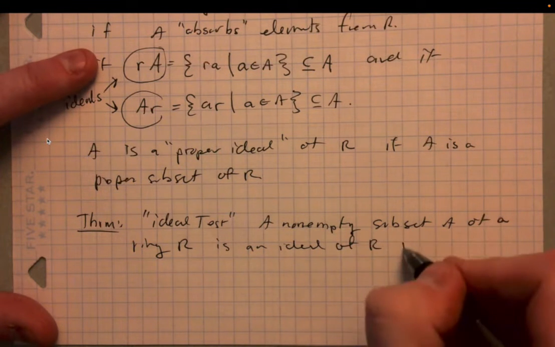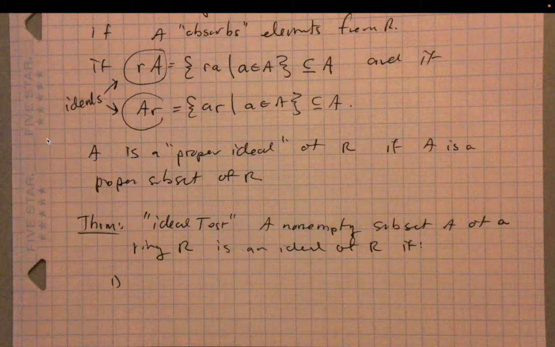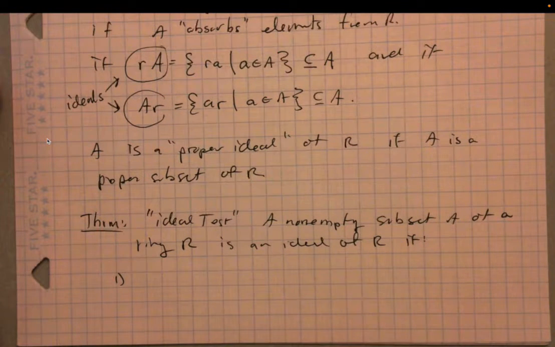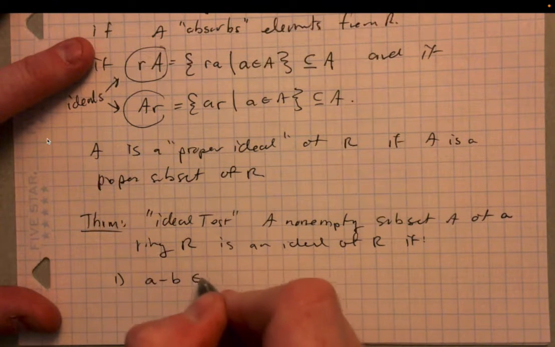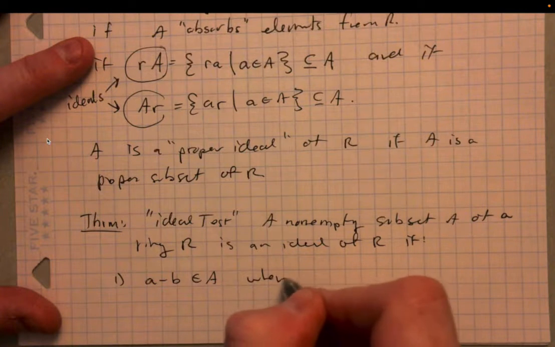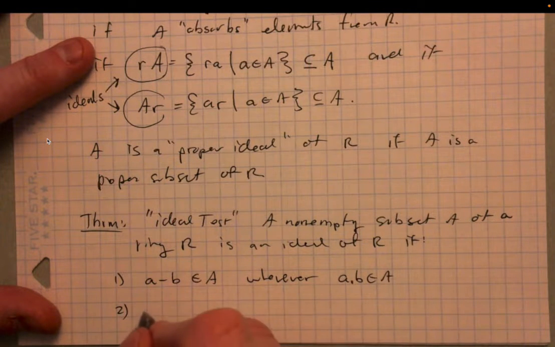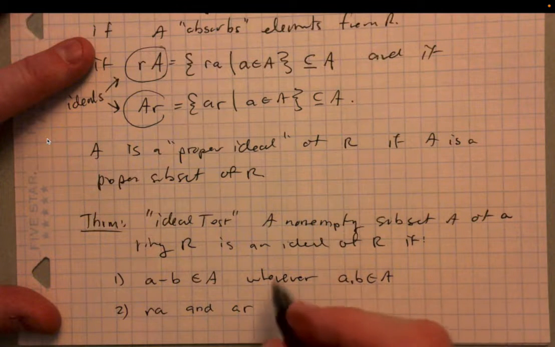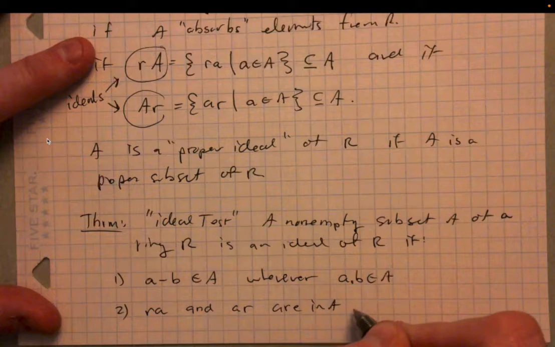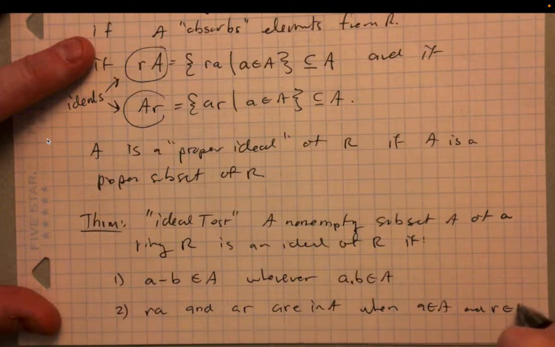now what do we have to test? Well, first thing we need is for A to be a normal subgroup with respect to the addition operation. So we need a minus b to be an element of A whenever a and b are in A. And secondarily, we need ra and ar to be in A whenever a is in A and r is an element of the ring.